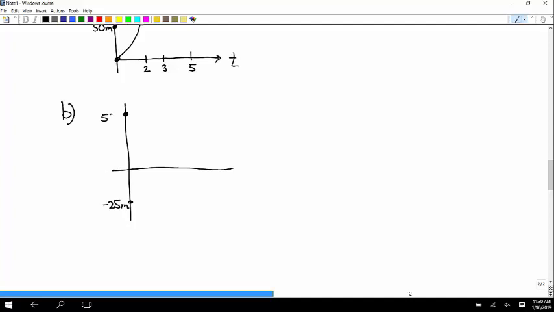And here's positive 50. This is the position axis. And then the times that matter this time are 1 minute, 3 minutes, 4 minutes, and 6 minutes. And that's the time axis.